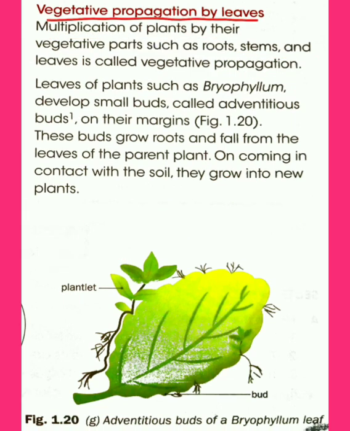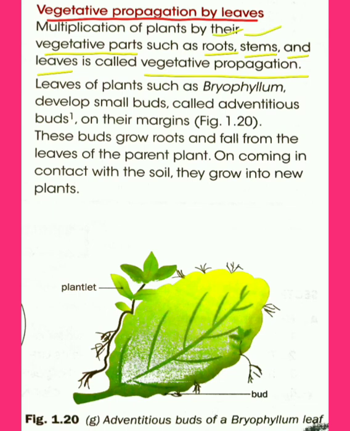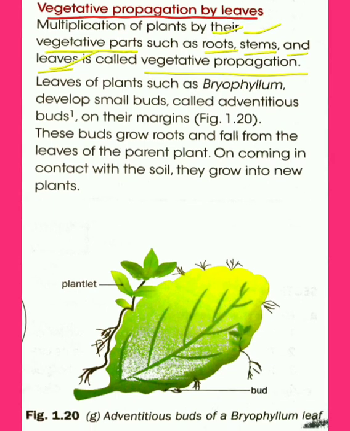So we call it vegetative propagation when a plant reproduces from vegetative parts, that is roots, stems and leaves. Means instead of seed, the plants reproduce from other parts, and they are vegetative parts that can be a root, stem or leaves.